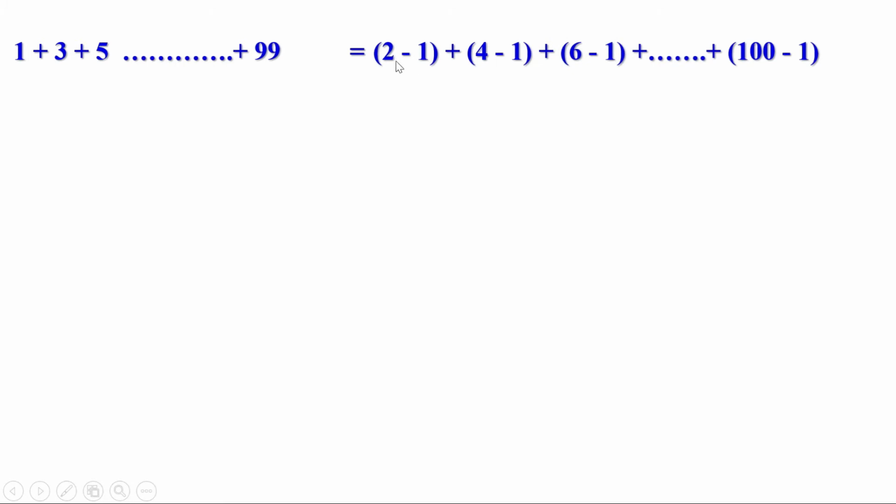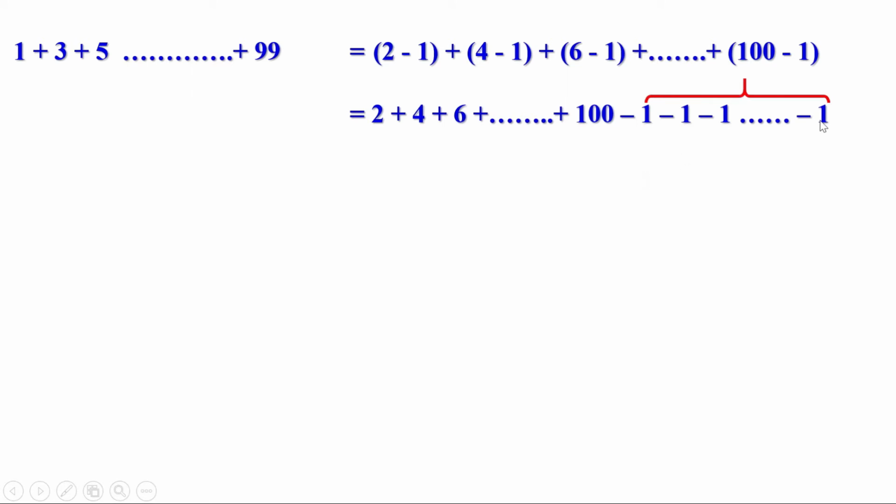Now let me take all the even numbers 2 plus 4 plus 6 plus up to 100 and minus 1, minus 1, minus 1, etc. Now how many minus 1s are there? There are 50 terms and in each term there is a minus 1. So the number of minus 1s is 50.